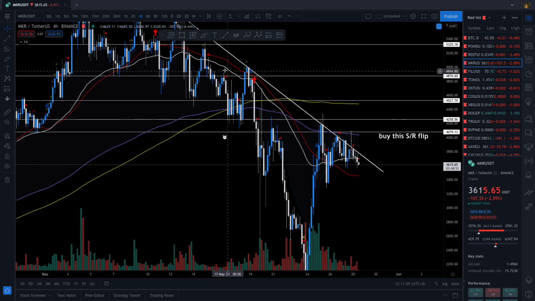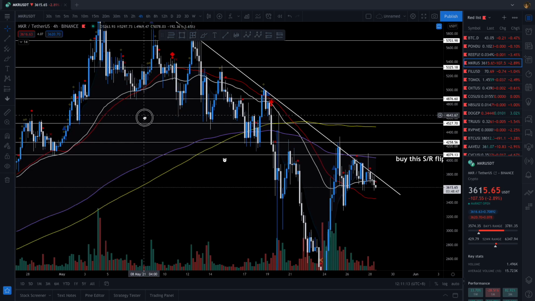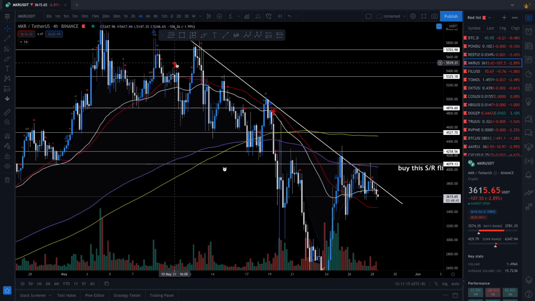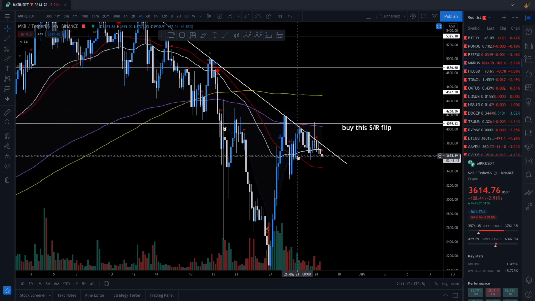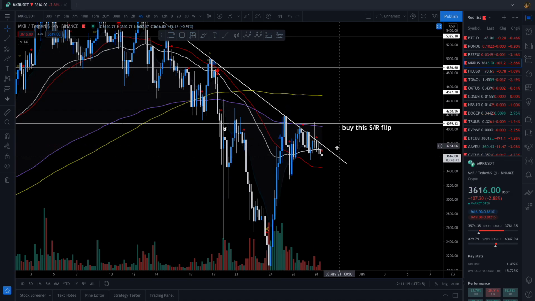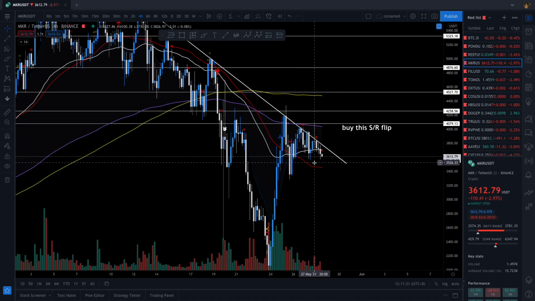Especially the 50 EMA as well. It shifted down way quicker than the simple moving average did, and at the moment, it is shifting up quicker than the SMA as well.